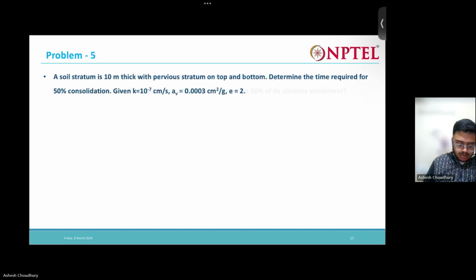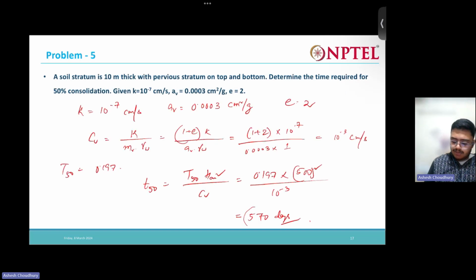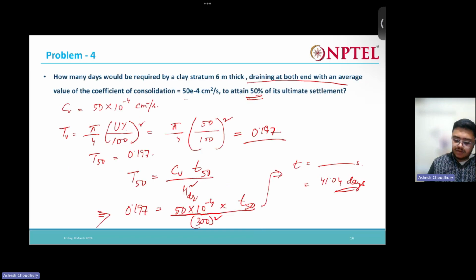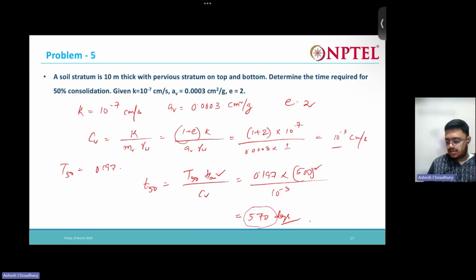I just want to say that a larger number of days is actually required because the Cv is reducing by 5 times. Here it's 5 into 10 to the power minus 3 centimeter square per second. It means obviously the K is also going to be less. If you calculate the K in the previous case and check, you'll see that in the present case the K is lesser. So with lesser K, the pore water pressure dissipates more slowly. That's why more time is taken to attain 50% consolidation. Okay.